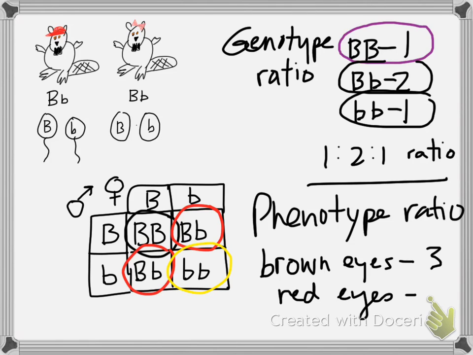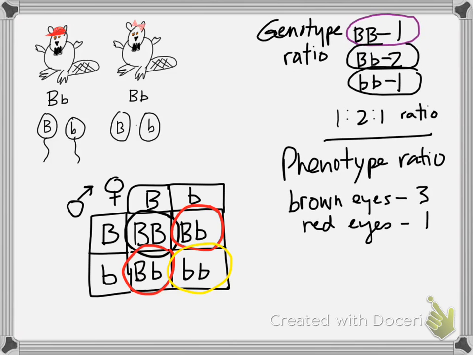And little b, little b, it's recessive. You got 2 copies of the recessive, you get the recessive characteristic. You get red eyes. So what do we see for a ratio? We see a 3 to 1 ratio.